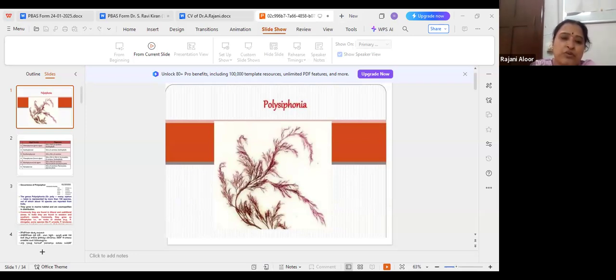Example, Polysiphonia elongata. Some species like Polysiphonia urceolata and Polysiphonia fastigiata grow as epiphytes on Laminaria. What is Laminaria? It is a Phaeophyceae member. Brown algae, red algae, both are ocean algae.